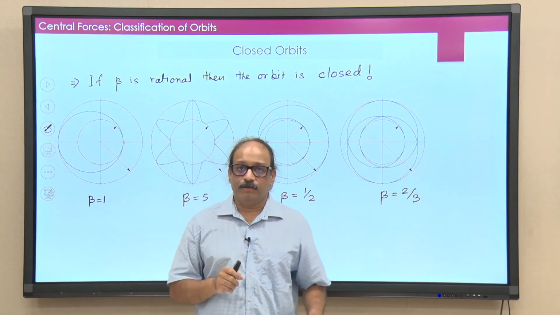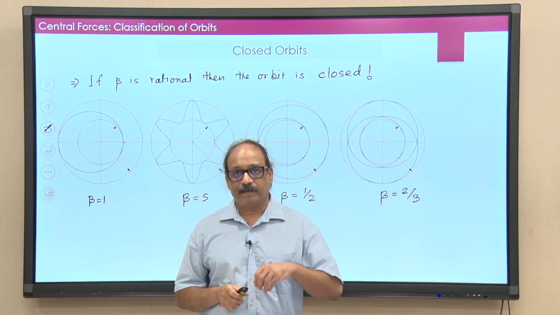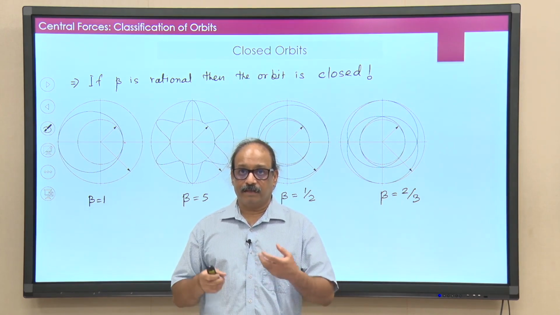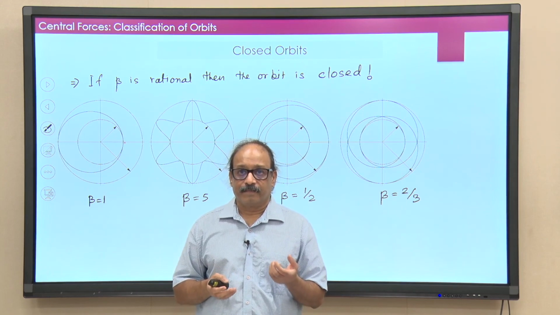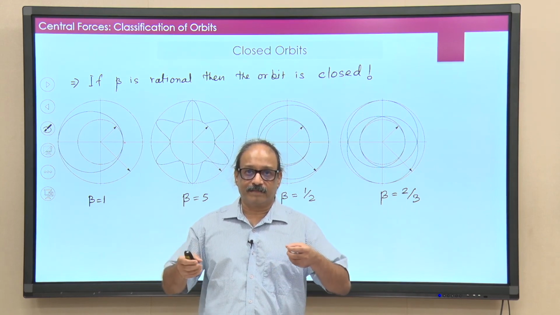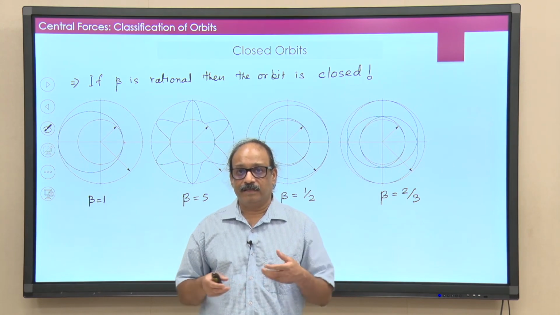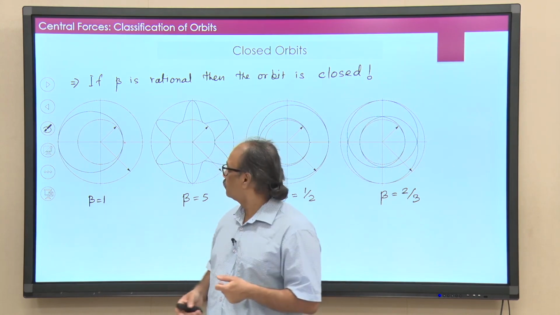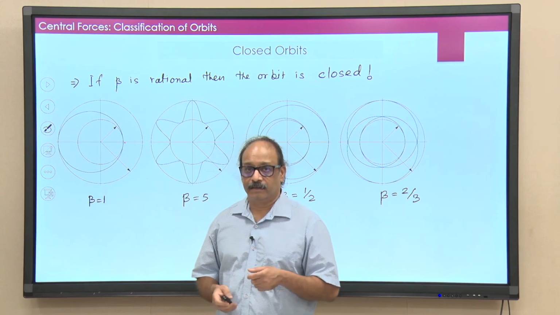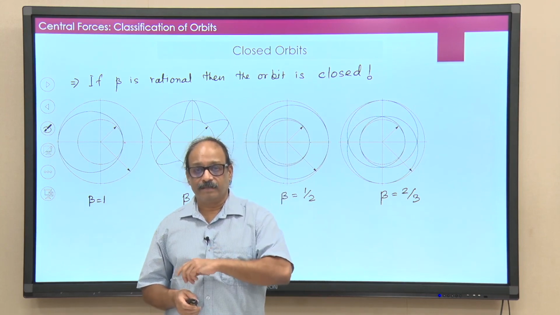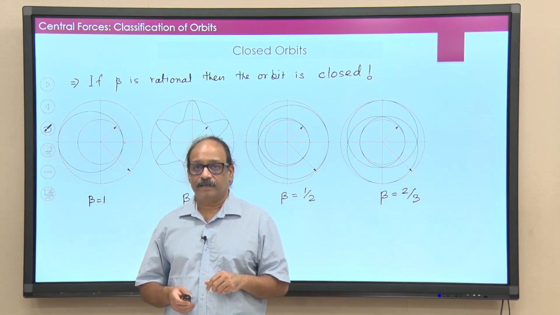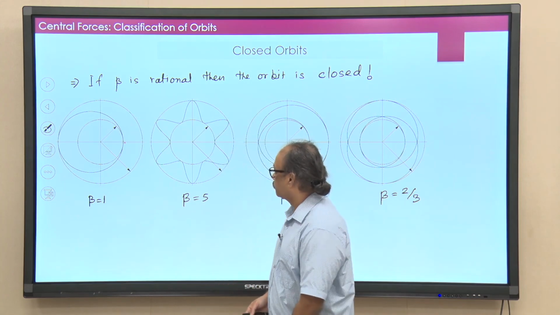But all those cases can be traced back, because the planetary system is not just a two body system, there are many bodies there, and the other bodies cause perturbations, and the orbit is not closed. But in the first approximation, all the planetary orbits are closed orbits.